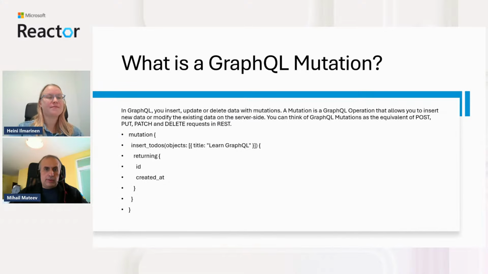When we talk about mutation, it is a representation of different types of changes that we can have on a GraphQL server. We can have insert, update, and delete, and everything related to these operations is in the context of mutation.